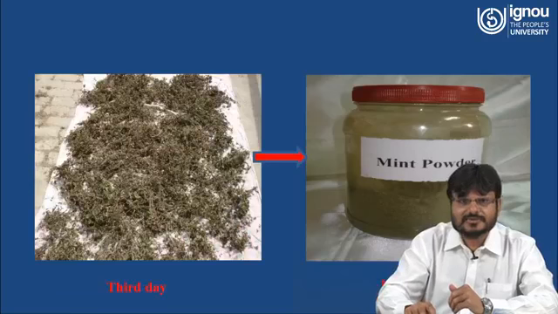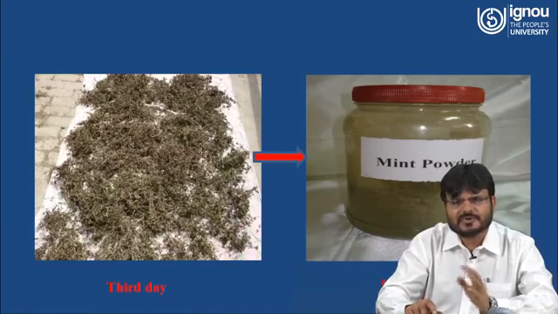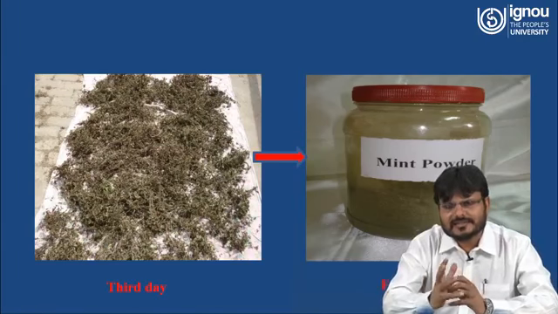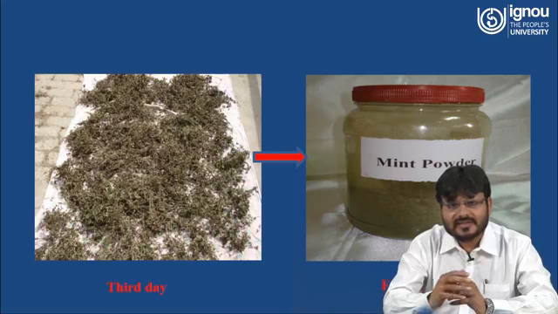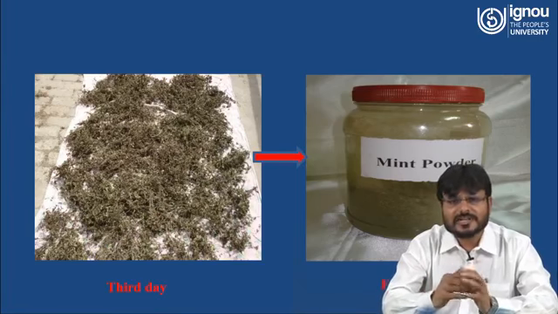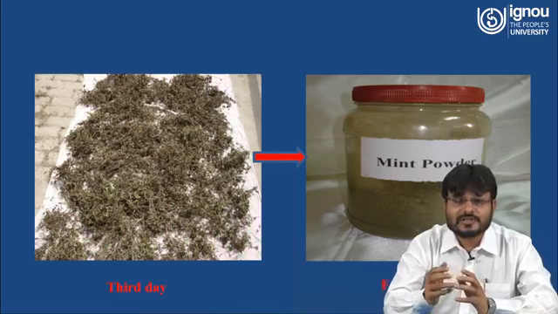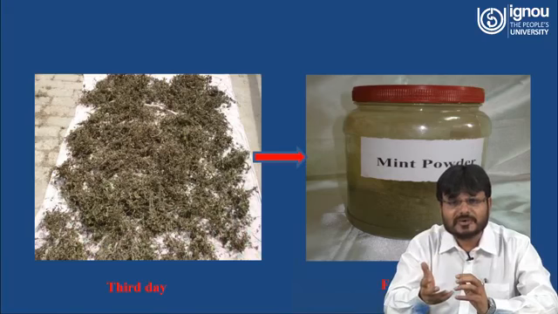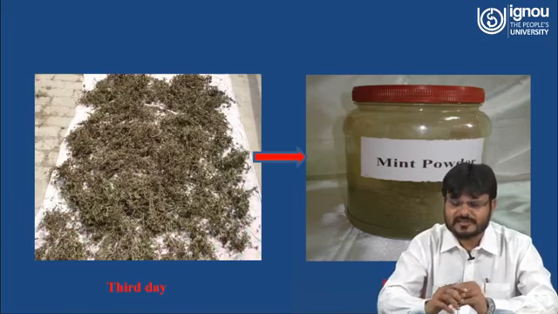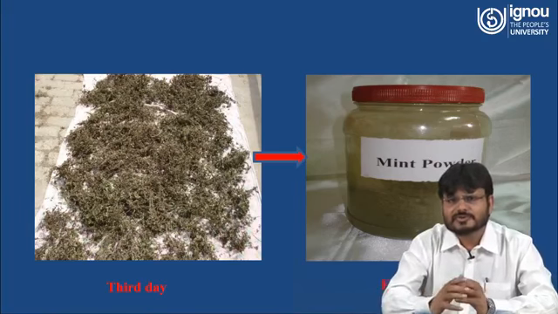And in the third day you can see what happens, and in the fourth day this dried mint can be converted into the powder. So what I am trying to convince you is, to convert this mint leaf into mint powder, only 4 days are required with this type of solar PV dryer.